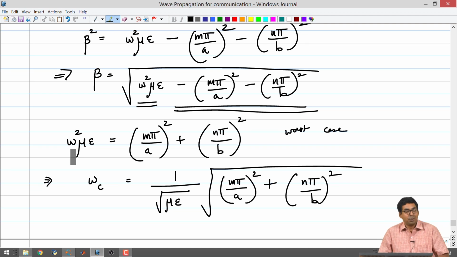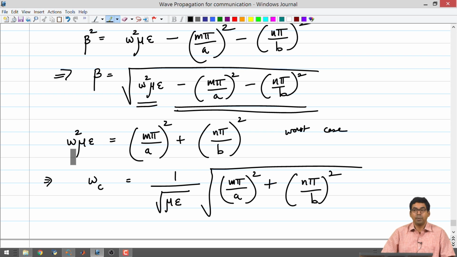Okay. So, we had two unknowns, one is m comma n, and the second one was Ez. What computers can do is find the eigenvalues and eigenvectors of this equation.